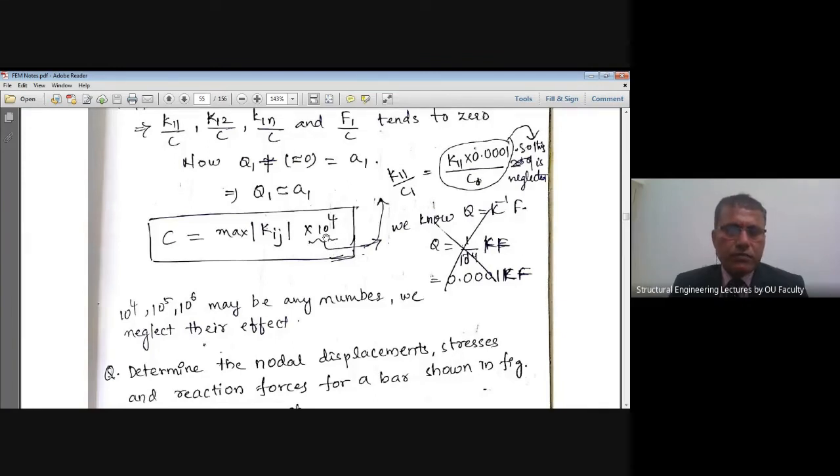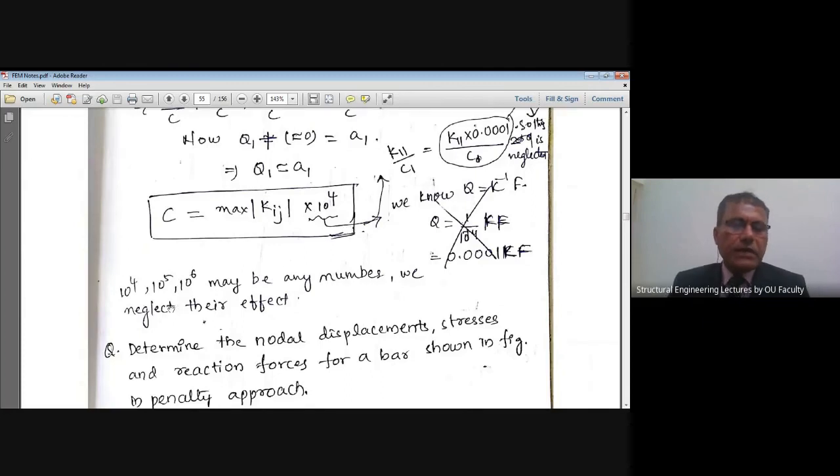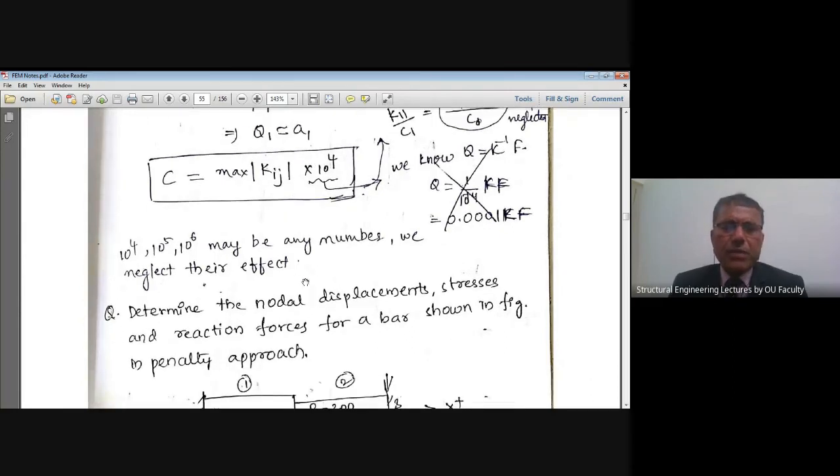Similarly 10 to the power 5, 10 to the power 6 may also be tried, but the bare minimum is 10 to the power 3 or 10 to the power 4. 10 to the power 4 means 4 zeros, 10,000 times more stiffness. Therefore, you cannot compare one unit stiffness with 10,000 unit stiffness. There is a lot of difference.